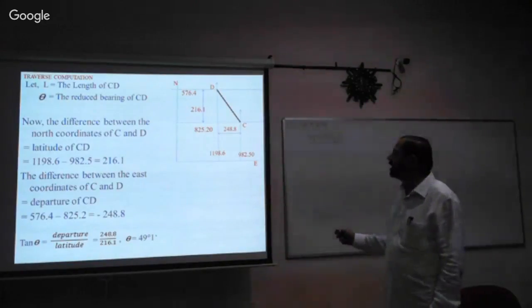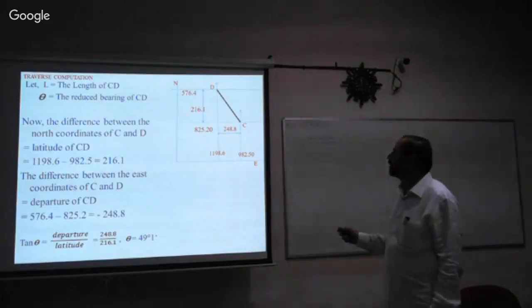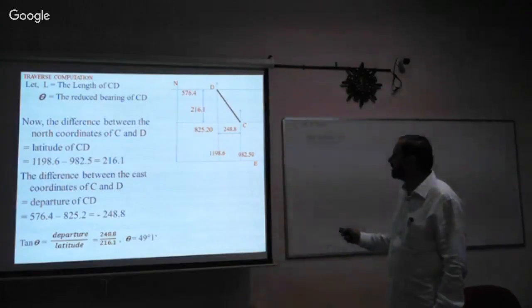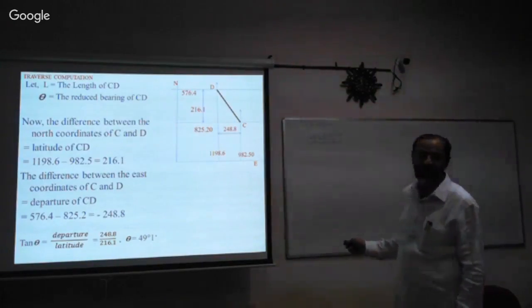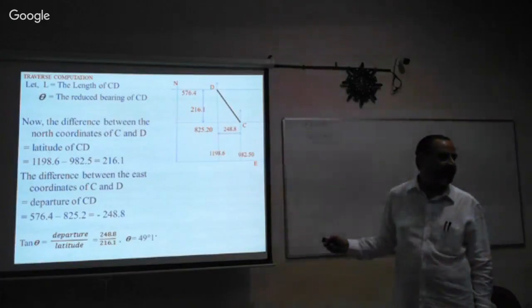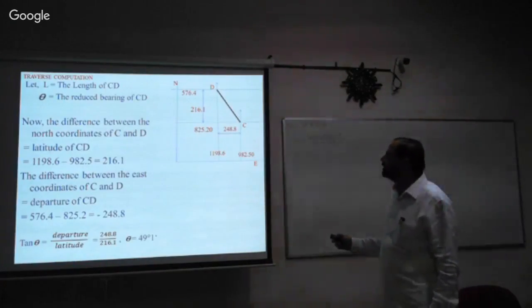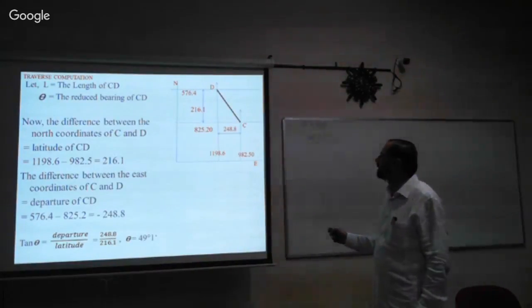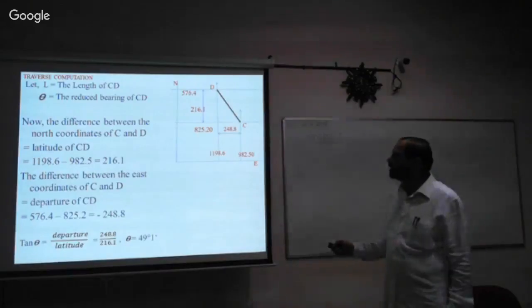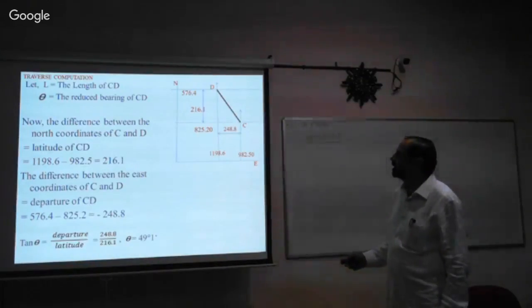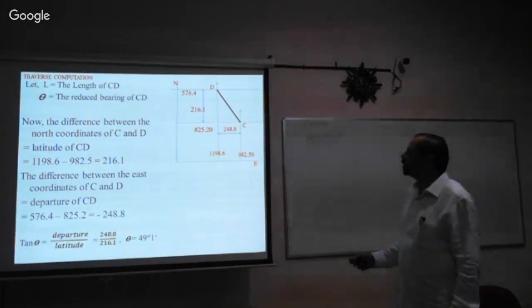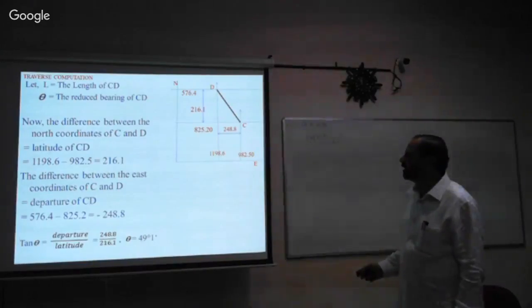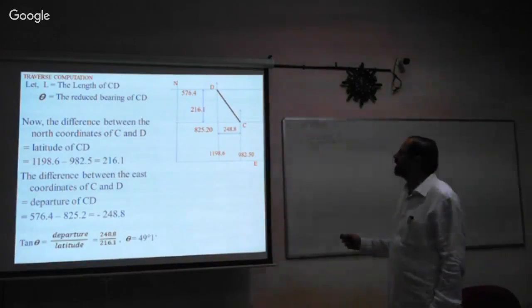The north coordinate of the side, line CD, is the difference between the north coordinate of C and the north coordinate of D. The north coordinate difference is called latitude, and the east coordinate difference is called departure.